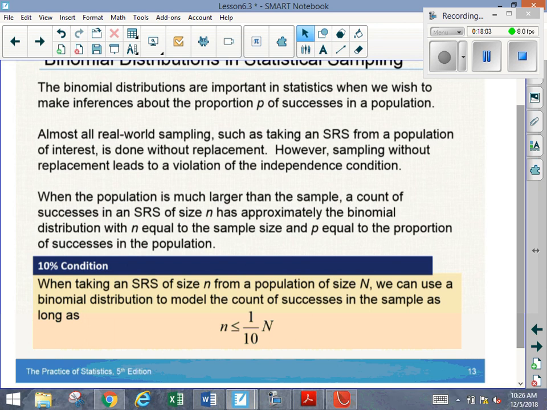If you have a normal distribution, you're going to use normal probability. You're not going to use a binomial distribution. If you can assume that the population is normal, then you can also use a binomial distribution, but you're not really going to want to do that.